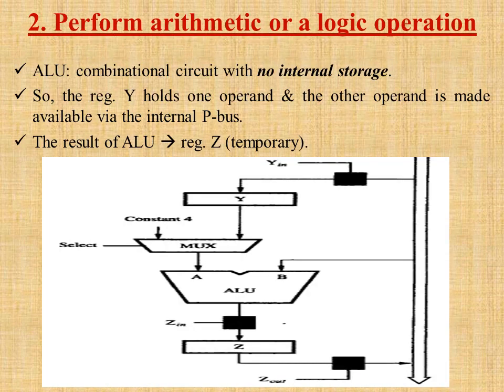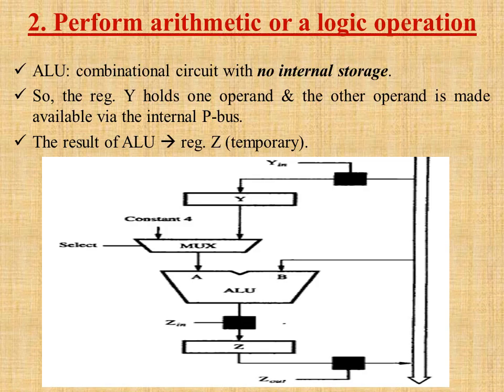The second category of operation performed by the processor using a single bus organization is arithmetic and logical operations. Whenever we say arithmetic and logical operation, the first thing that comes to our mind is the ALU. The ALU performs these arithmetic and logical operations, but it does not have any internal storage facility.